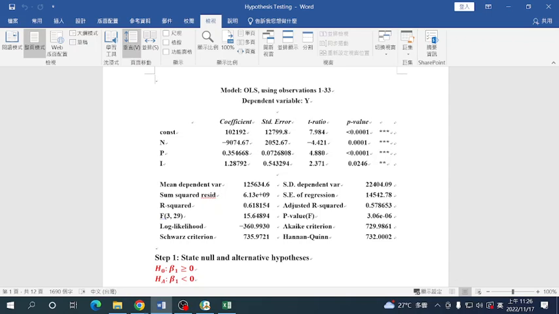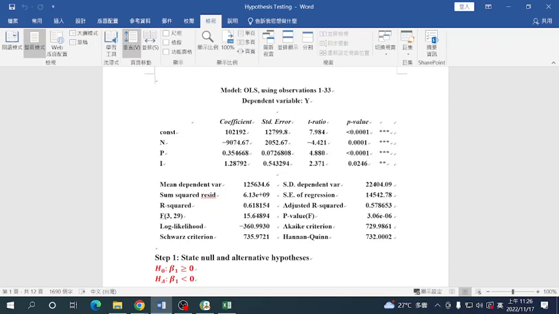When the coefficient is zero, what do we mean? It means there's no relationship between the individual independent variables and the y variable, right? So the null hypothesis will be the model is useless.